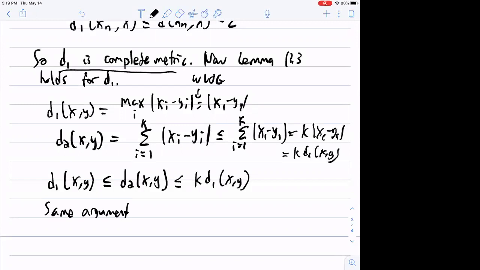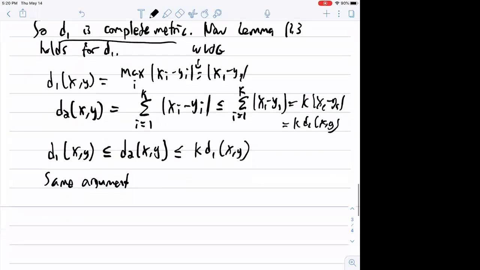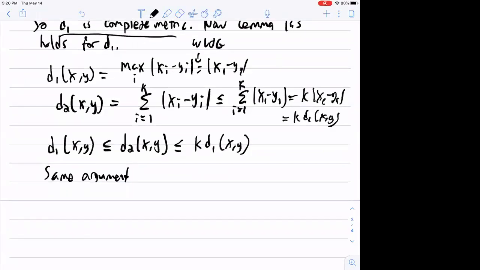I guess here, instead of multiplying by k, you use that Cauchy in D2 is Cauchy in D1 by the first one, because it's smaller.